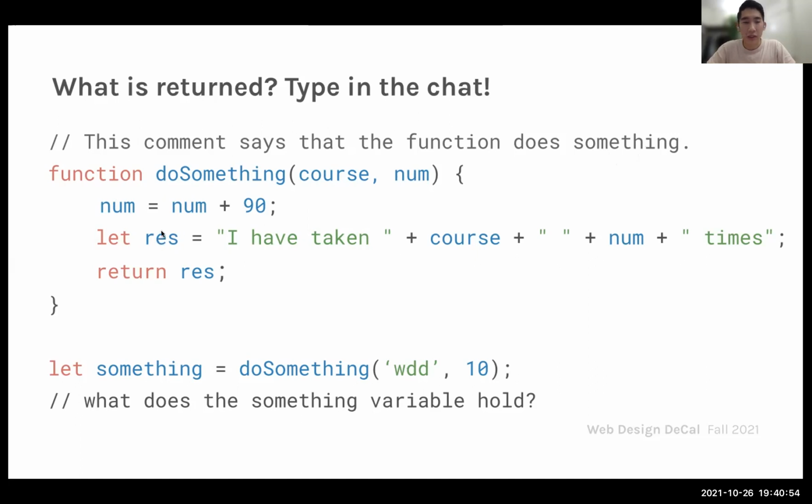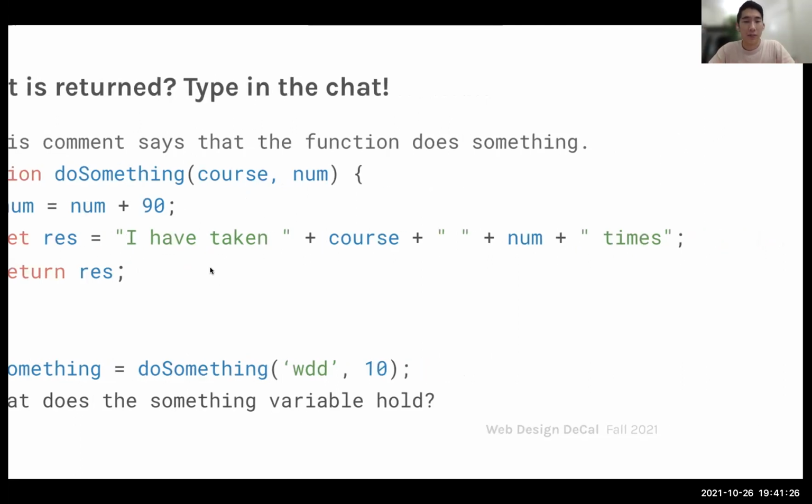I'm not really sure what this is supposed to mean, but we set this to a string, the result of some string concatenation, which is combining multiple strings together, that says I have taken, space, course, which is going to be WDD, because that's what we pass into this course value right here. So I've taken WDD, and we remember num is now 100 and not 10, so I've taken WDD 100 times. And we return that. So now something is going to be the string I have taken WDD 100 times.